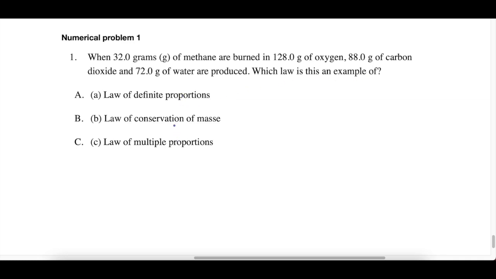We have the three fundamental laws that we have seen previously. So here, in order to verify which law corresponds to this chemical reaction, we have 32 grams of methane. Methane has a formula of CH4, and its mass is 32.0 grams.